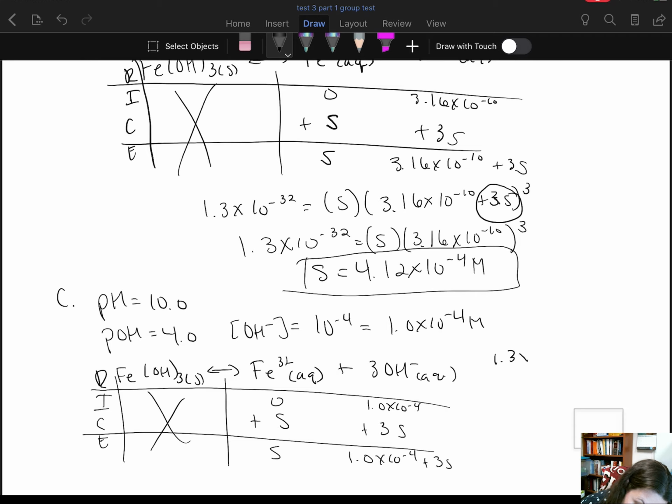1.3 times 10 to the negative 32 is equal to S times 1.0 times 10 to the negative 4 plus 3S cubed.